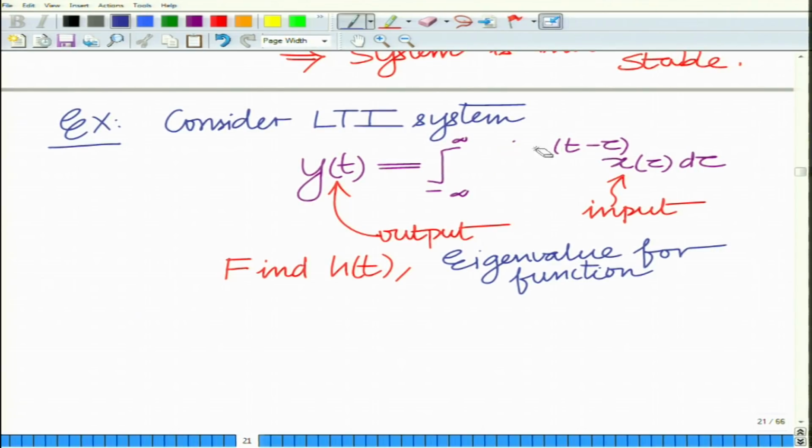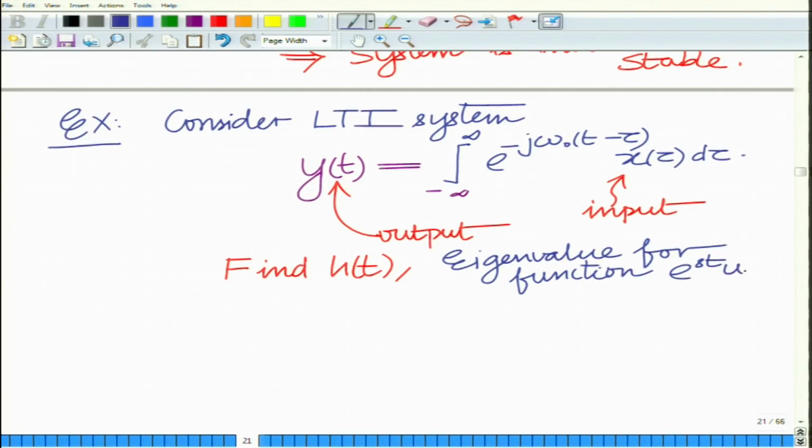So, the system is y of t equals the integral of e to the power of minus j omega naught (t minus tau) x of tau d tau, and we find the eigenvalue corresponding to the function e to the power of st u(t).